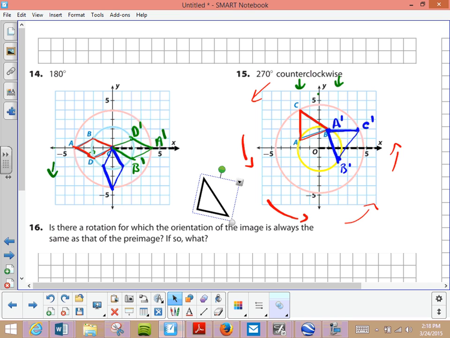What do you mean? This in the middle right here? What about them? We're in touch with what? No. Well, the image and the pre-image, you mean? Yeah. Or yeah, they would, because they have to go around the same circle. I'm saying this one right here, I don't want to rotate.